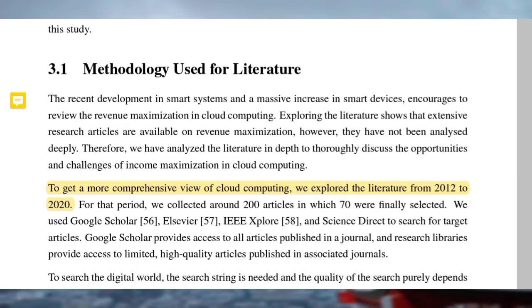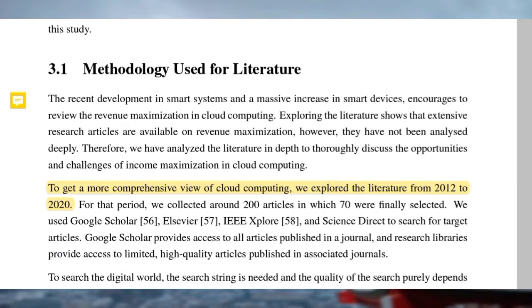For example, in this dissertation, I have collected the literature from 2012 to 2020. There are a lot of other research papers, and we included all these in the methodology to make the research literature easy.